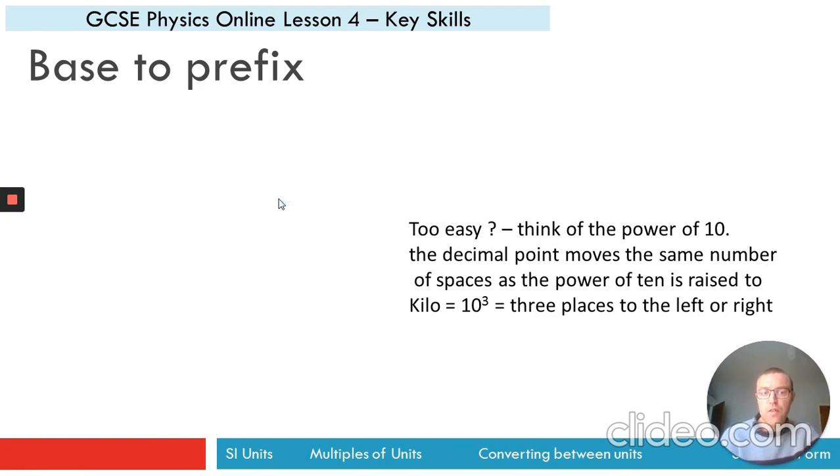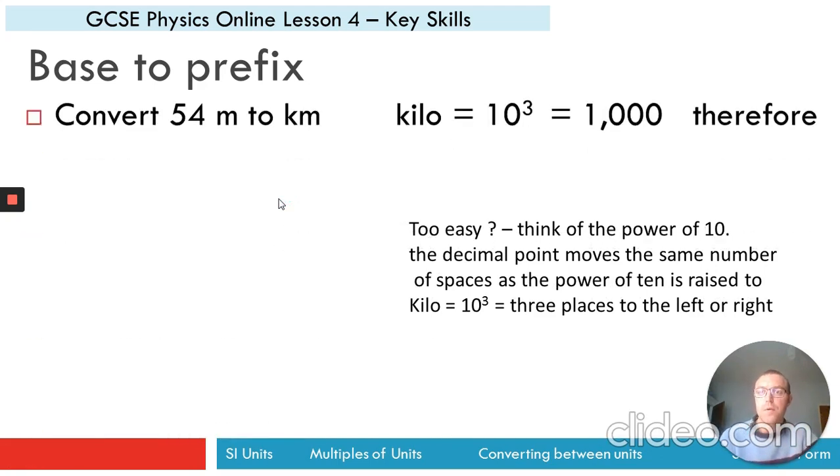Now, if we go the other way, so for example, from metres to kilometres, we're going from the base unit to a unit with a prefix. You might have a question: convert 54 metres to kilometres. Remember, kilo, the prefix, stands for 10 to the 3 or 1,000. That means the same thing. Remember, 10 to the 3, 10 raised to the power 3, is 10 times 10 times 10.